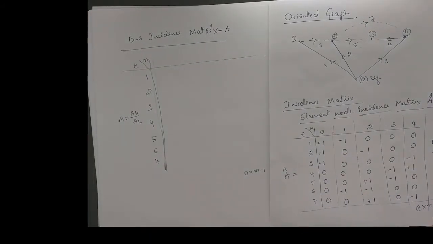The dimension of this matrix is E cross n minus 1. The rank of this is n minus 1, which is equal to the number of tree branches, where b is the number of branches and n is the number of nodes.